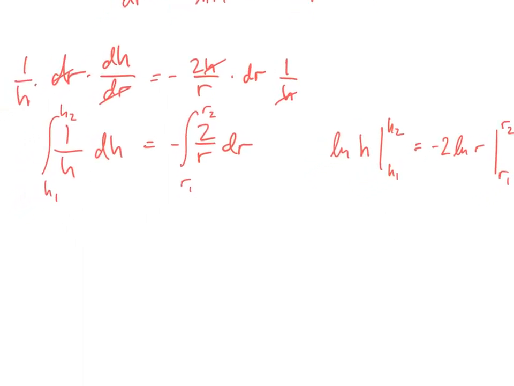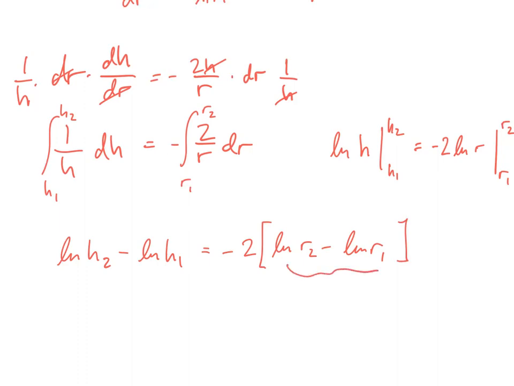Then this will become log h2 minus log h1 equals negative 2 times log r2 minus log r1. But I can use the rules of logland here to my advantage. I know that a subtraction in the real world equals a division in logland, and I can pull this 2 on the inside of the log.